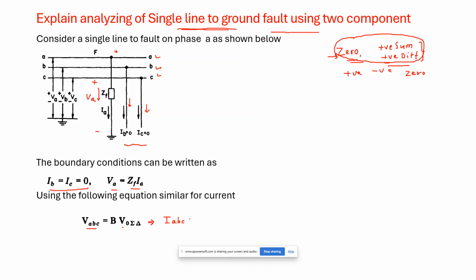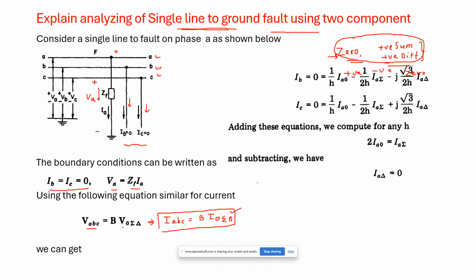It is similar, but I am only converting this voltage to current equations: B into I naught, sum, delta. So this is the two component model, and we have to write this equation. Using this equation from the previous video, please check out what this equation is, and from it we get this now.